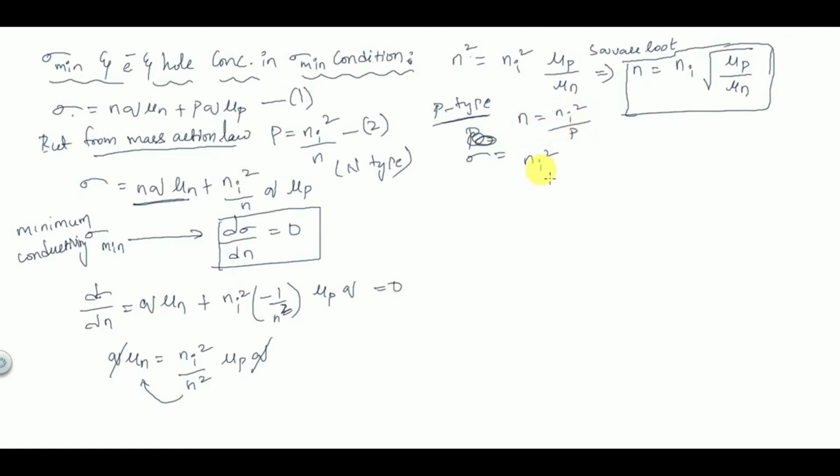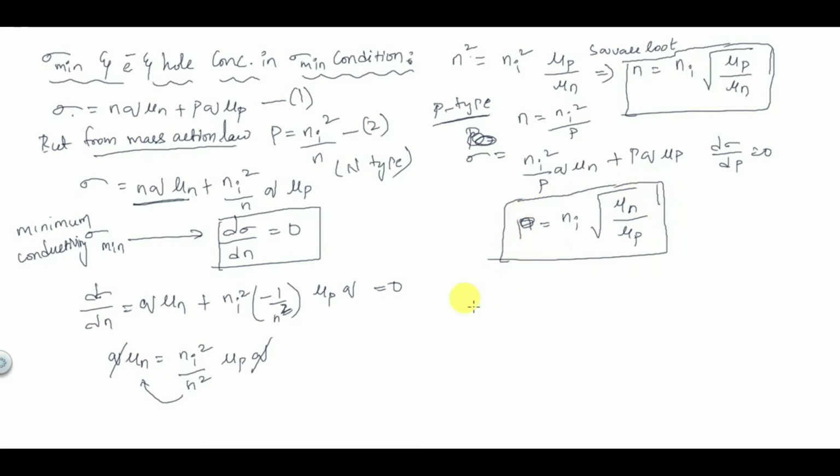So if you take ni squared by p into q into μn plus pqμp and substitute dσ/dp equal to 0, you will get p is equal to ni into root of μn by μp. So this is the formula for majority carriers in n-type and p-type.